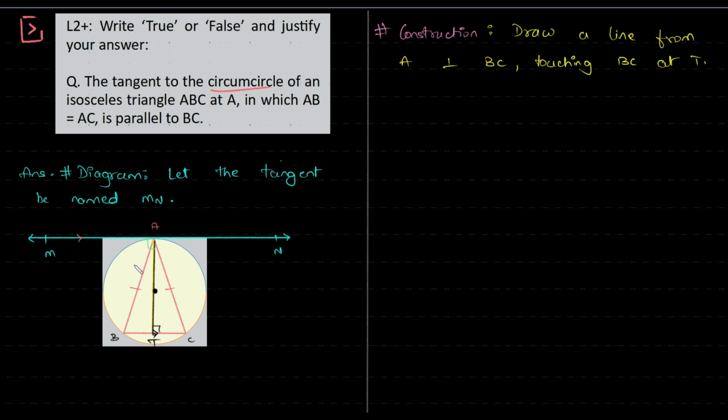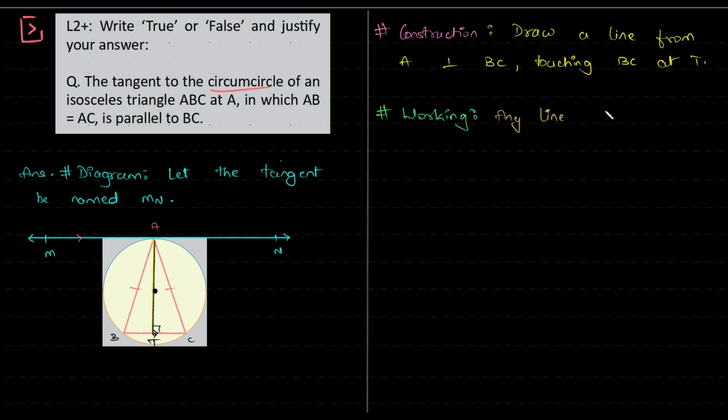Now, this is perpendicular. If I prove that this is also perpendicular, that is 90 degrees, we are done. How will we prove it though? What do you think? How can we do this? Well, it's a bit of explanation rather than anything else. The explanation is this.